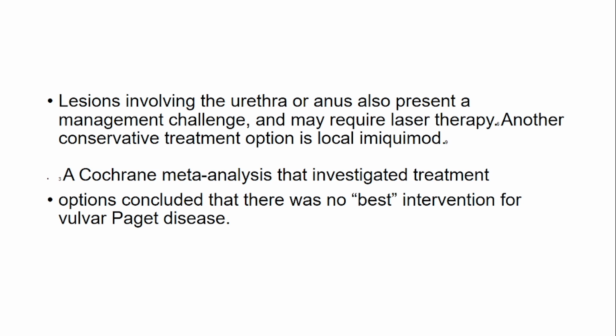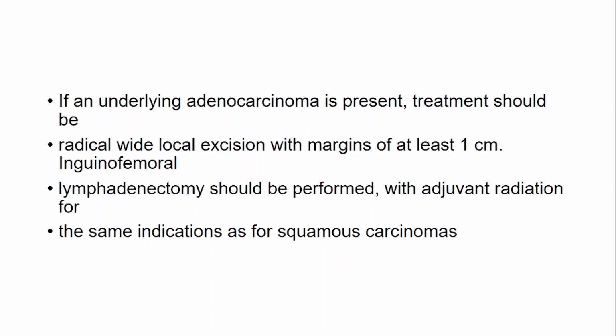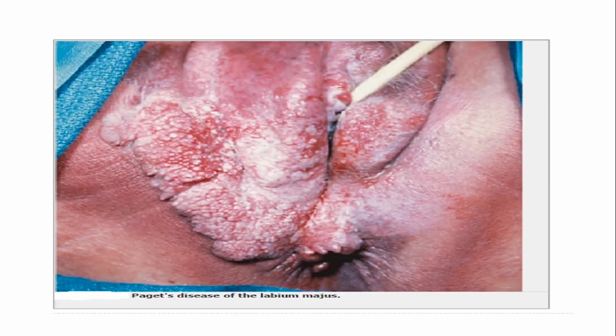A Cochrane meta-analysis that investigated treatment options concluded that there was no best intervention for vulvar Paget disease. If an underlying adenocarcinoma is present, treatment should be radical wide local excision with margins of at least 1 cm. Inguinofemoral lymphadenectomy should be performed with adjuvant radiation for the same indications as we have for squamous carcinomas.